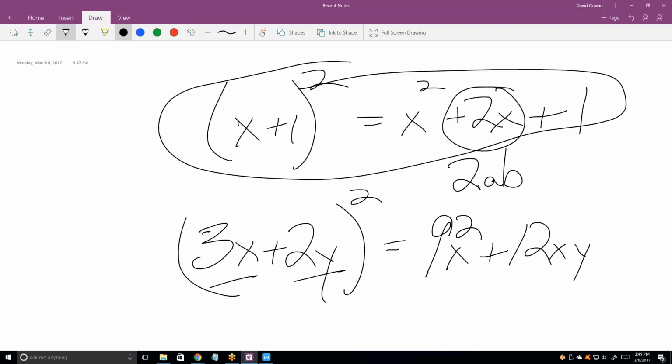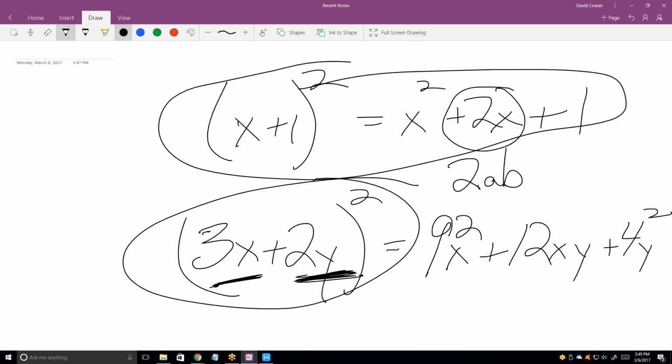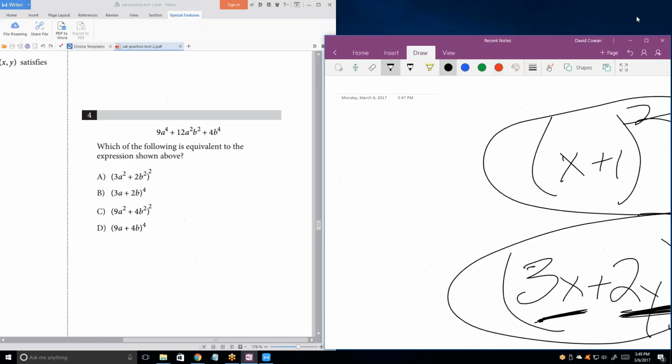Okay. Notice that, again, it's 2 times that times that. Plus 4y squared. Right. That's how you want to square stuff, using your knowledge of what a plus b quantity squared is. And that's the exact problem this was. Only a and b instead of, well, no, it's not quite the same problem. But it's similar. All right.